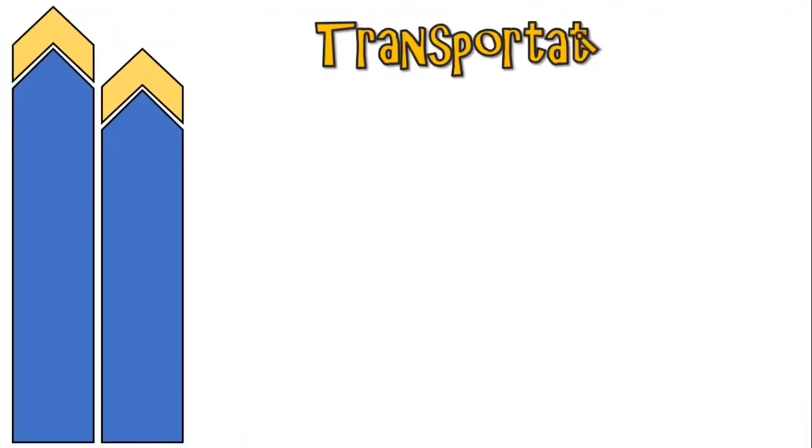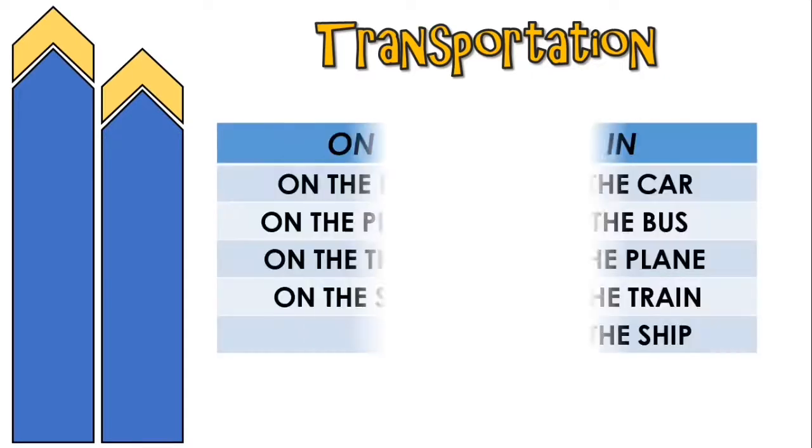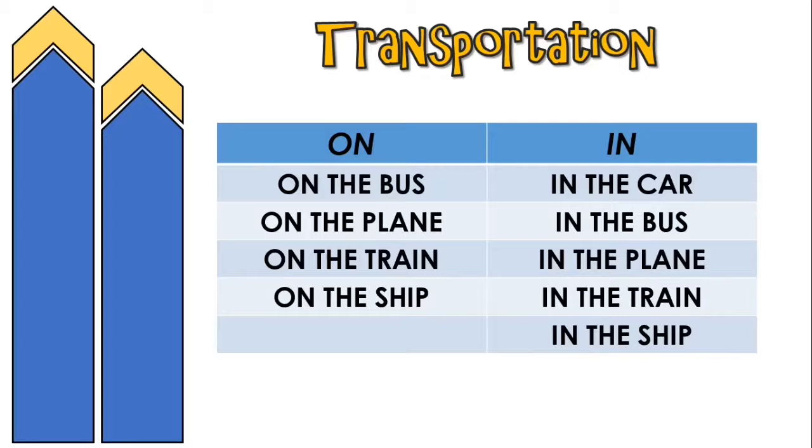Next, we could also use the prepositions in and on for transportation, which is a little tricky for others. But this time, I will be explaining to you in simple terms so that we will be able to understand when to use them correctly. So this table gives us the common prepositional phrases that use on and in.